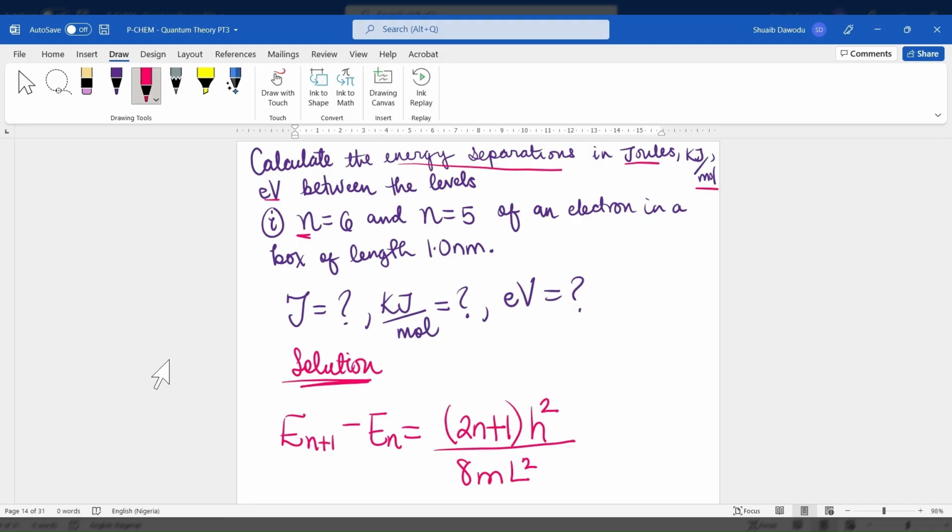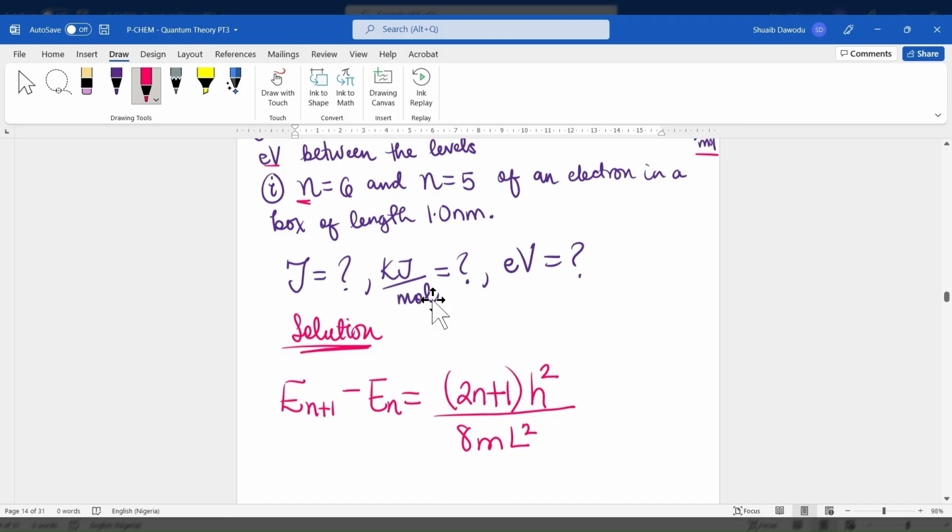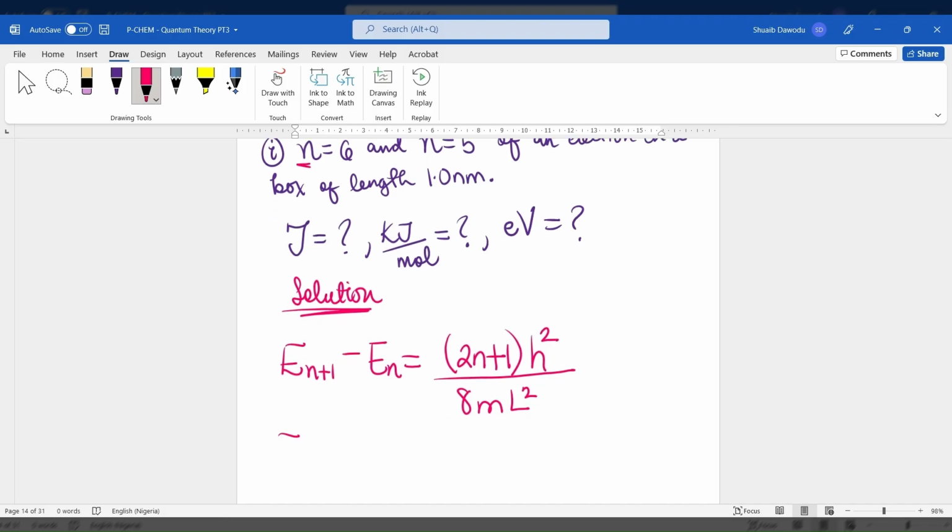In this case, we have n equals 6 and n equals 5. So what they're asking us in essence is to find the energy difference E6 minus E5 in joules, in kilojoule per mole, as well as in electron volts. Now we look at our formula and see what we're given.